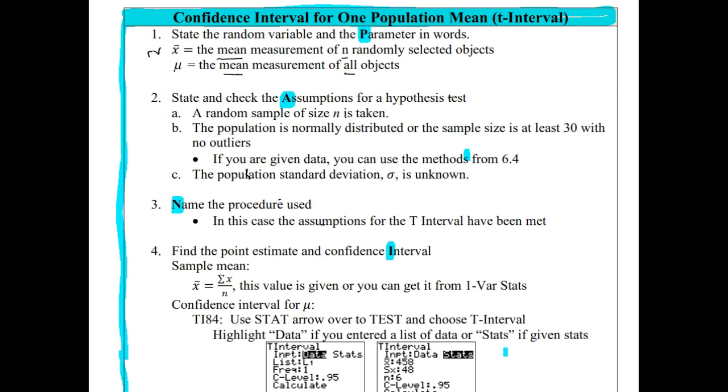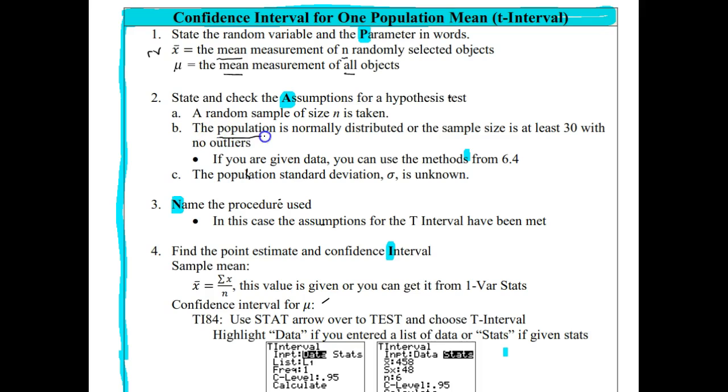Again, every inferential procedure has its list of assumptions to check, and these are on your cheat sheet, so you don't need to memorize them. Our first one is always going to be that we assume a random sample of size n was taken so that there's no bias in the sample. But now for quantitative data, our checks are different than they are for qualitative data.